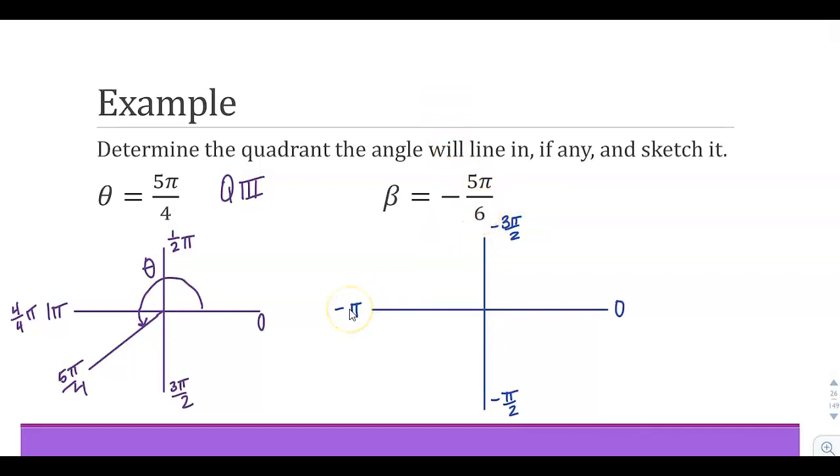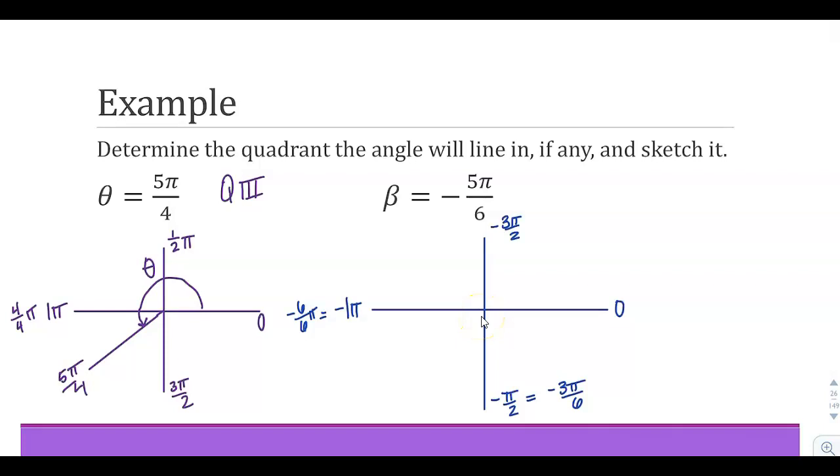So this is negative 1 pi, or it's negative 6 over 6 pi. And if I want to rewrite this so it has a denominator of 6, I can do that as well if it helps me. So this is negative 3 pi over 6. So negative 5 pi over 6 is between negative 3 pi over 6 and negative 6 pi over 6.